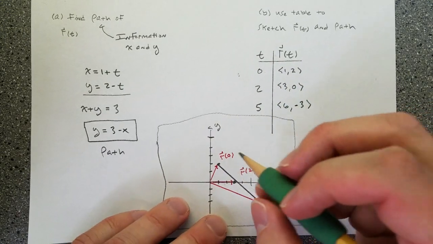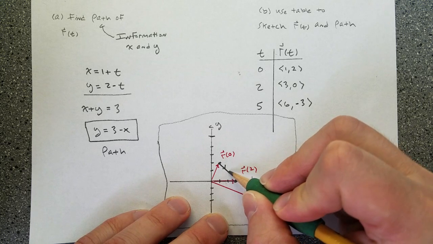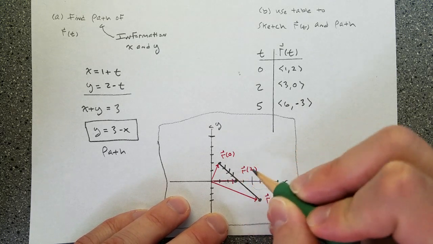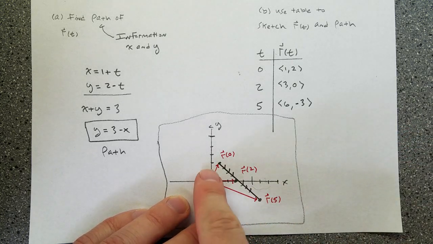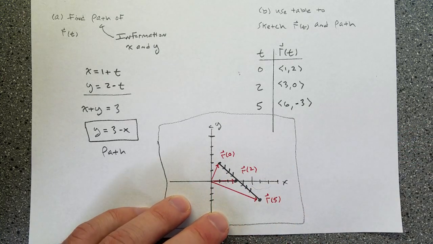But what we'll do is say here's the direction. We might put some arrows on it and say that not only is that the path, but it was moving like so.